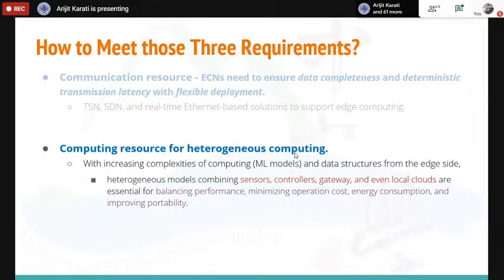Here we can see that with the growth in complexity of computing models, like machine learning, and data structures from the edge side, heterogeneous models combining the sensors, controller, gateway, and even local clouds are essential for balancing performance, minimizing operation cost and energy consumption, and improving portability.